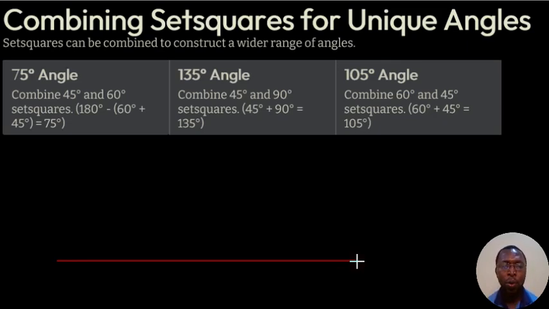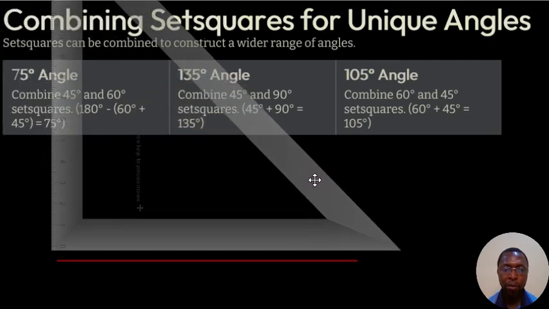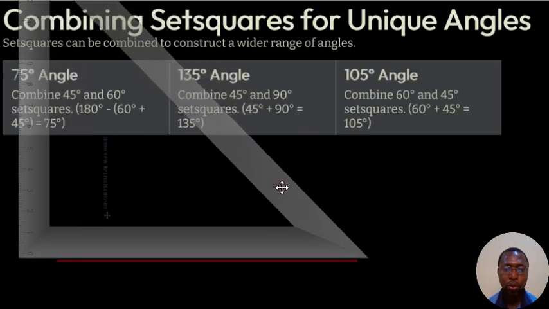Now, what we need to do now is to combine the 45 degree set square and the 30, 60 degree set square. Let me get the 45 degrees set square for us to see. Now, for the 45 degrees set square, this is it here. You see, so this is the 45 degrees set square. So we want to combine these two.